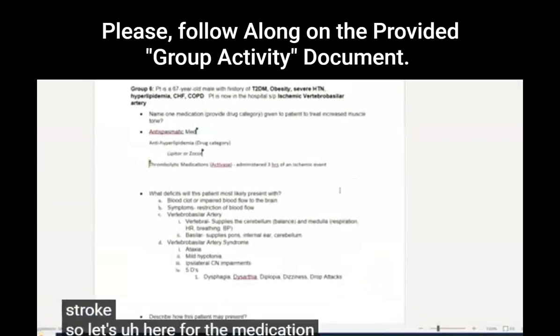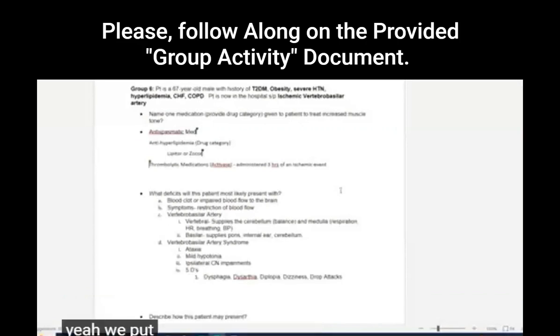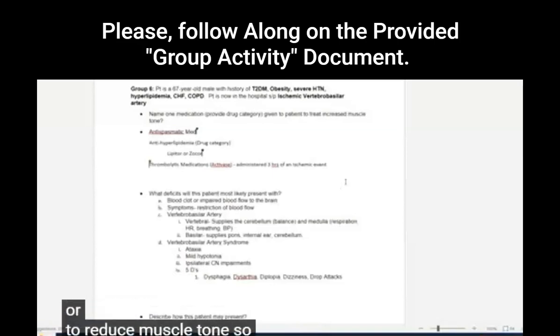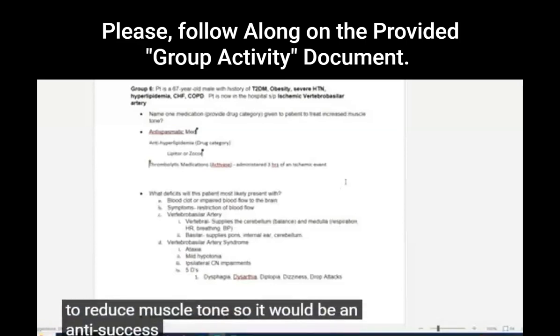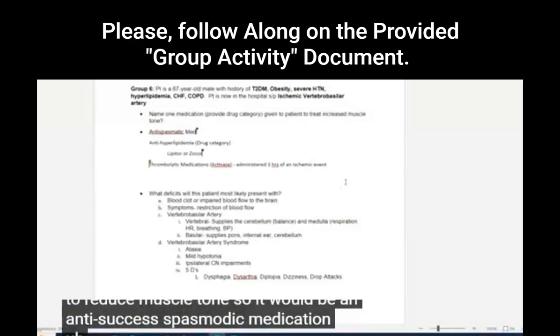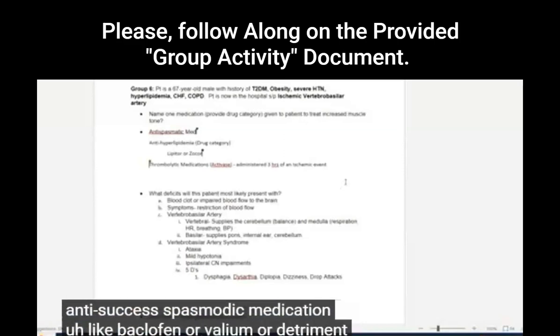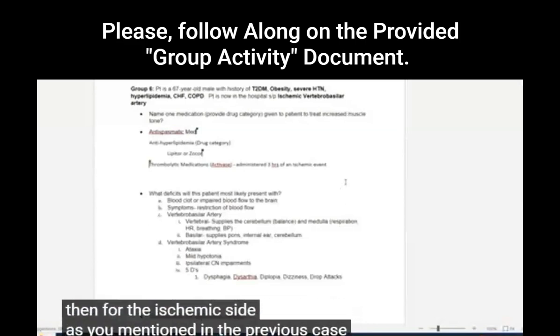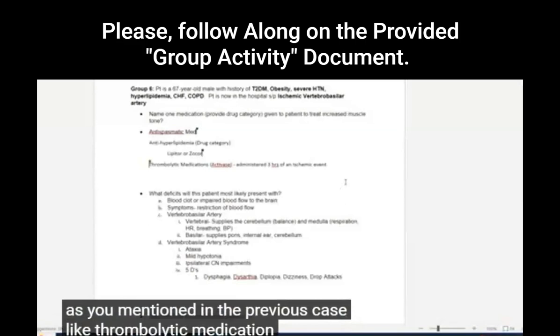So let's hear for the medication. Yeah, we put for the medication to reduce muscle tone, so it would be an anti-spasmodic medication, like baclofen or Valium or dantrolene. And then for the ischemic side, as you mentioned in the previous case, thrombolytic medication.